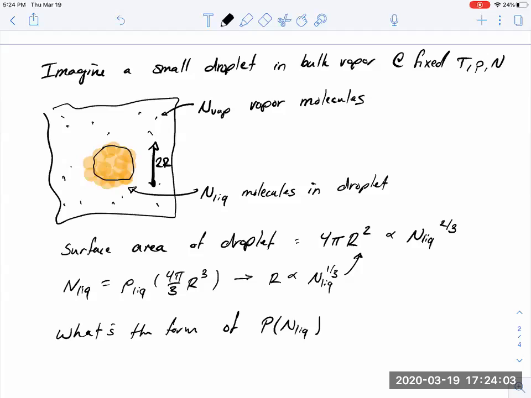And we are equipped to do that because we know that the probability of some group of microstates, of which n is a group, we could define a set of microstates all of which have n molecules in some droplet configuration, and we know that that would be proportional to the partition function for that group, and the partition functions are proportional to e to the minus beta free energies. And if we work at constant temperature and pressure, the relevant free energy then is the Gibbs free energy.